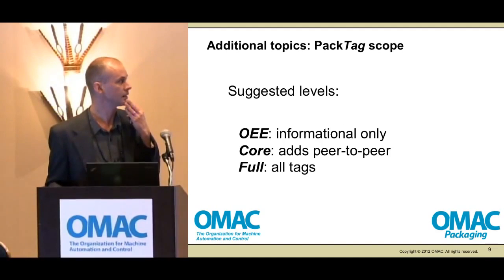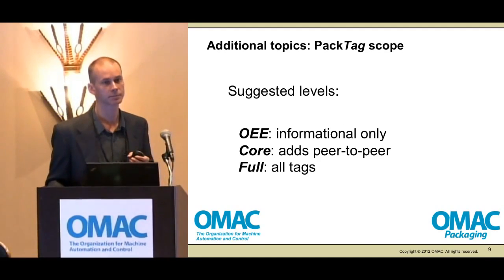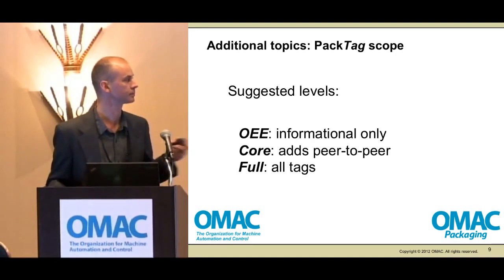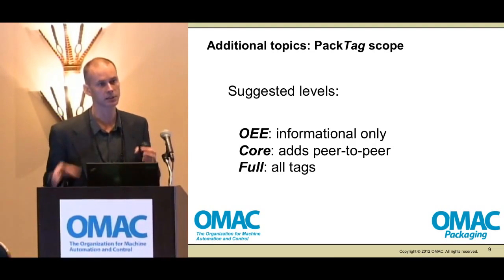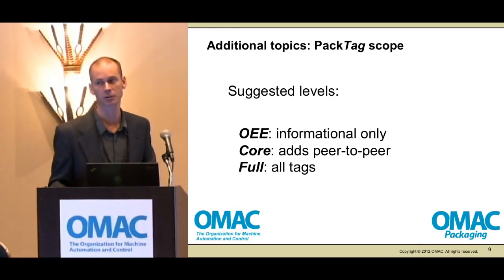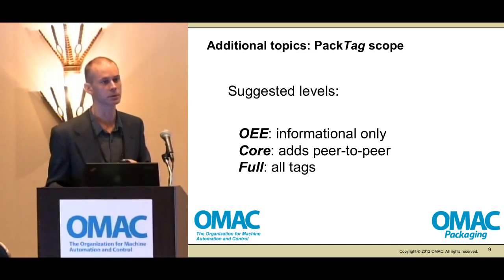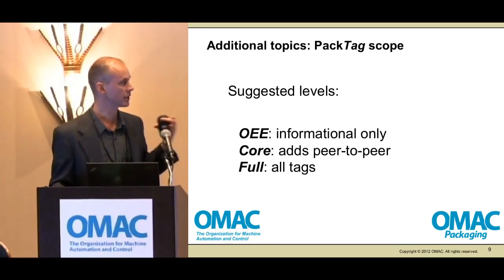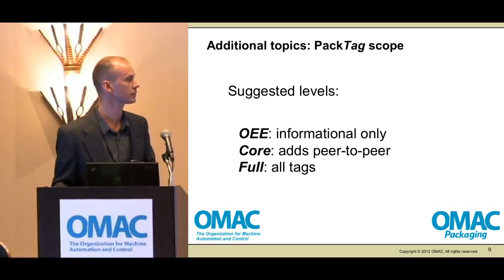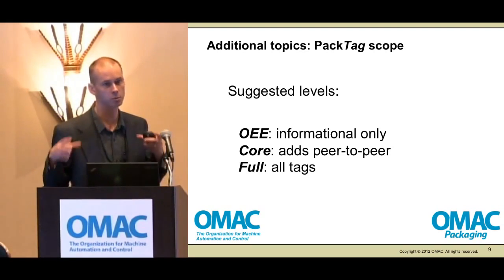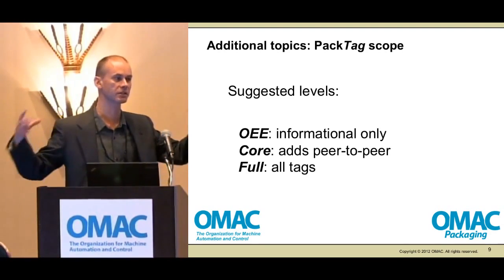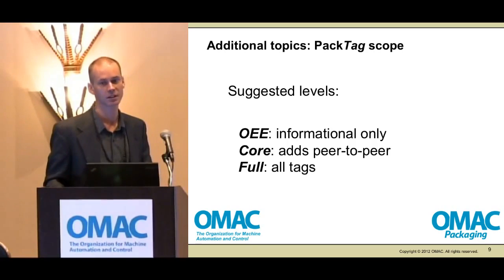We've included some appendices in this document that lay out some options for pack tag scope. And this part will be revised given the minimum tag set that's currently being considered by the PackML group. These are suggested scope levels. All we've tried to do is to group pack tags into concentric circles.